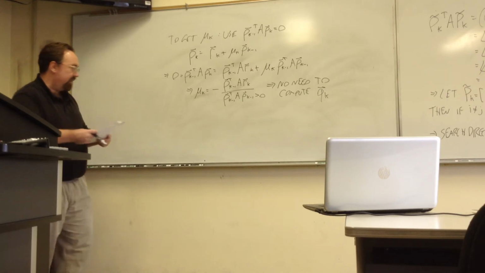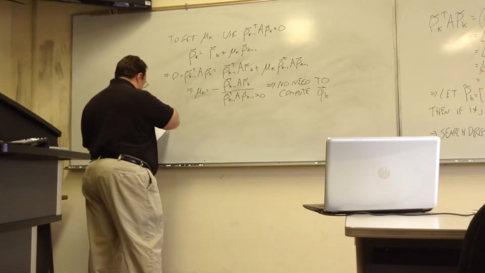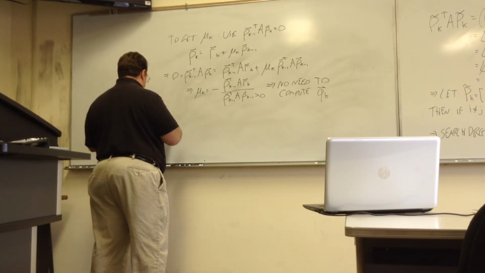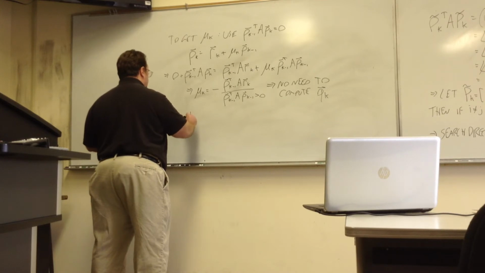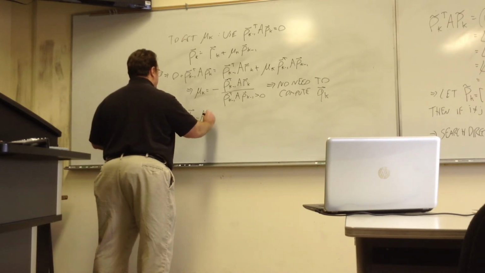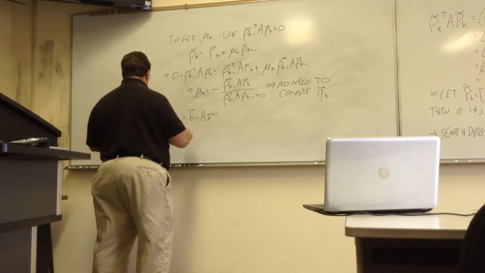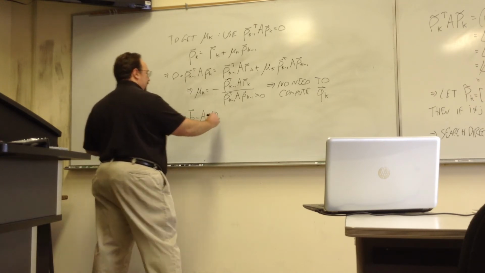Okay, now, if we take a look at the residuals, so Rk plus 1 is equal to B minus AXK. But now I'll fill in what xk is.